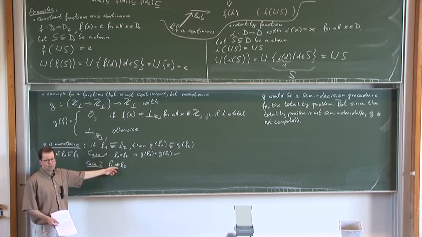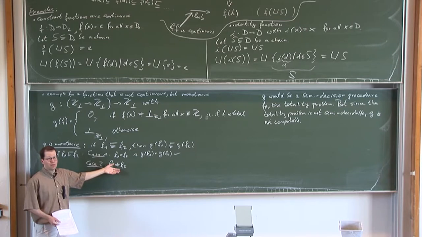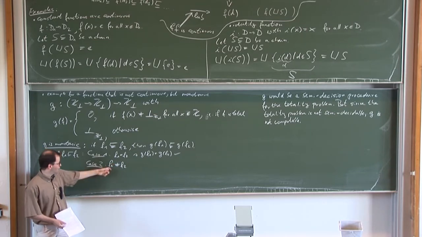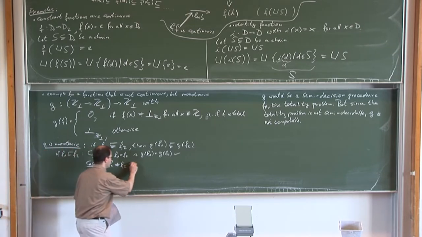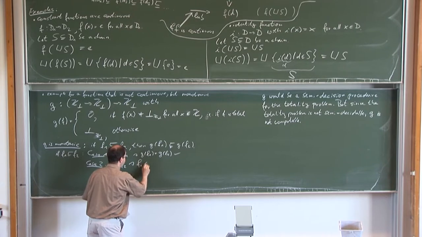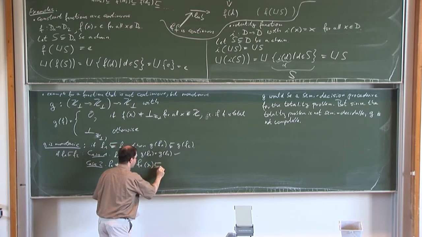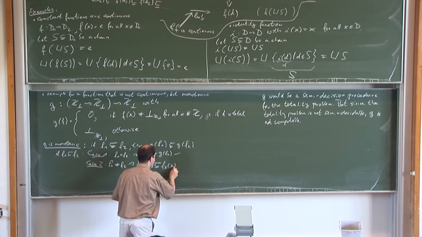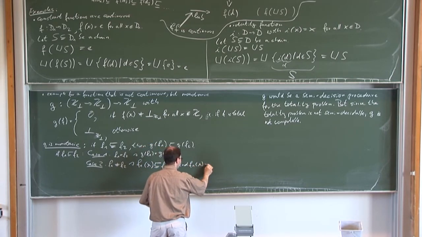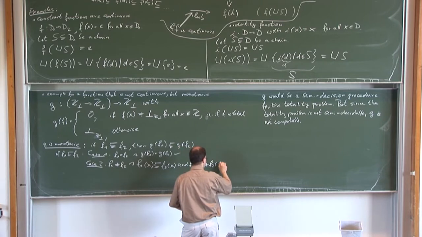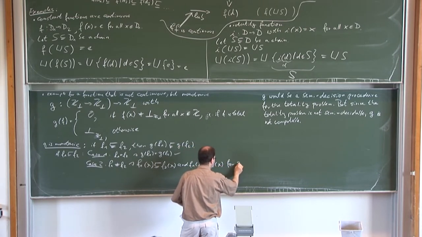And if they are not equal, well, then they can't be the same on all arguments. They must be different somewhere. And at that point where they are different, f1 of x must strictly be less defined than f2 of x. So there is some x where f1 of x is less defined than f2 of x, and they are not equal, for some x.